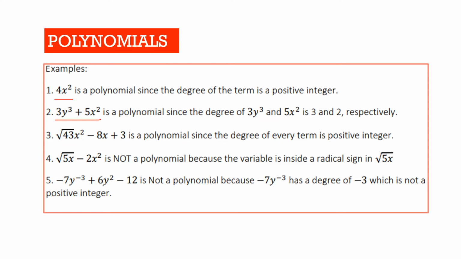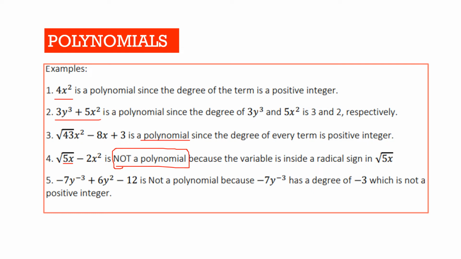For number 3, it is also a polynomial because the only number inside the radical sign is 43, while x is outside. It is not included inside the radical sign. But for number 4, it is not a polynomial because our variable x is inside the radical sign.